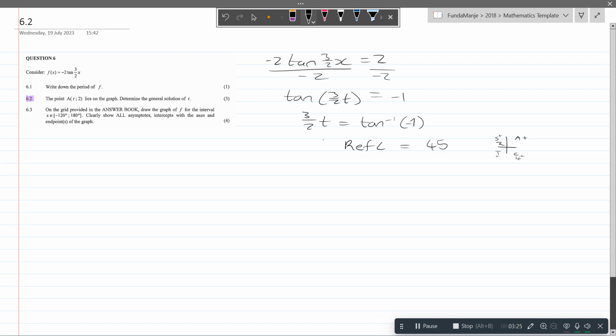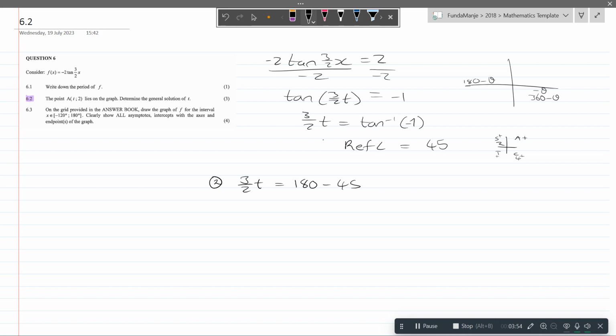So if these are the regions we're looking for, then our first answer is going to look like this. We're going to say 3 over 2t is equal to, because our first answer is in the second quadrant, 180 minus the reference angle, so minus 45. This is because the second quadrant is described by 180 minus theta, and this one is described by either minus theta or 360 minus theta.